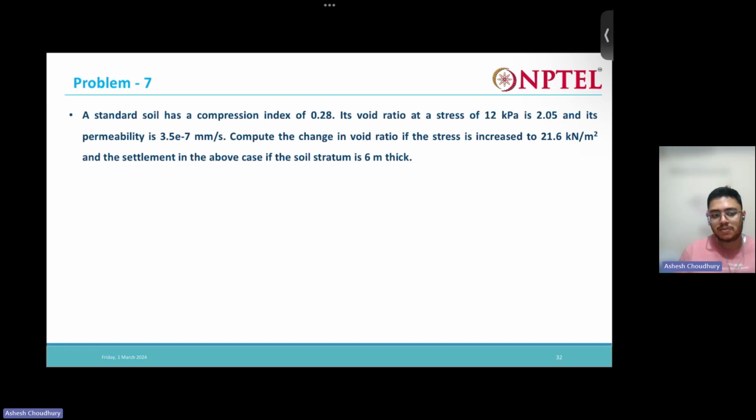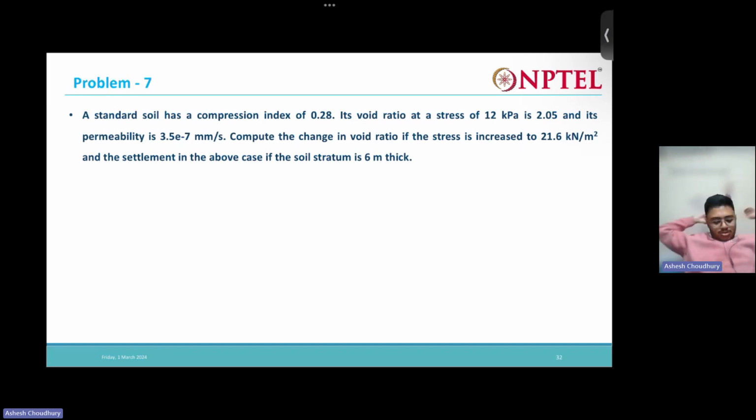So you can see how low the permeability of a clay is. Compute the change in void ratio when the stress is increased to 21.6 kN per meter square, and the settlement in the above case, if the stratum is 6 meter thick. First determine the change in void ratio, and then the settlement that is occurring.